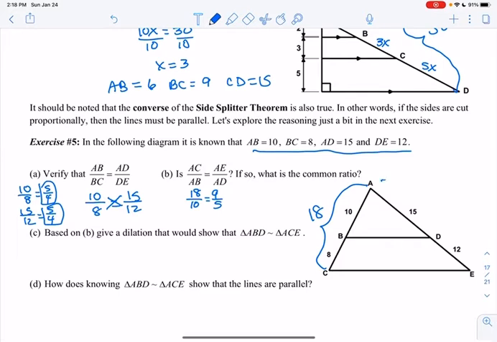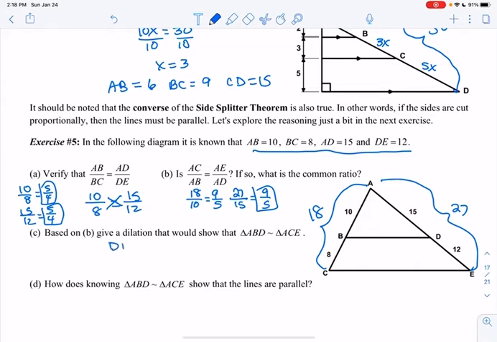Well, AE is this whole segment. So 15 plus 12 is 27. 27 over AD, which is 15. All right, both divisible by 3, 9/5. Okay, so what's the common ratio? Common ratio is 9/5. Based on B, give a dilation that would show that ABD is similar to ACE.